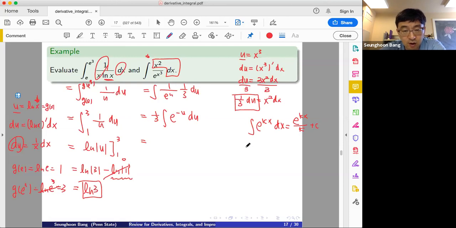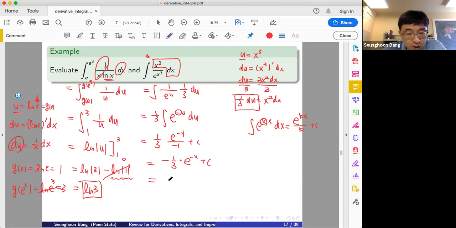For the integral of e to the negative u du, with the 1/3 out front, k is negative 1. So we get e to the negative u over negative 1 plus c, which is negative 1/3 times e to the negative u plus c.